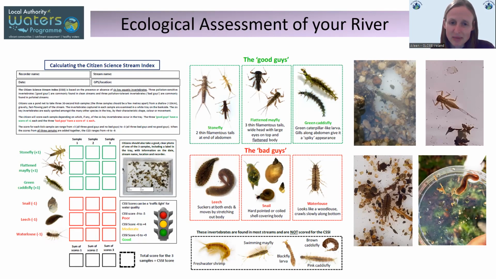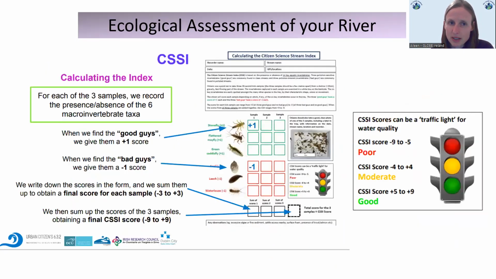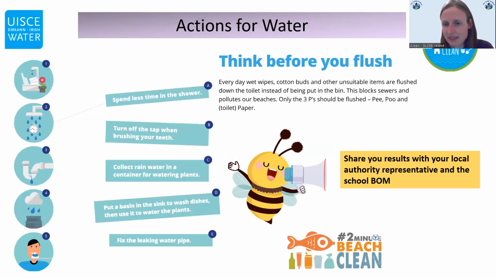Some creatures are very sensitive to pollution, and some are very resilient, so you can do ecological testing based on this. There's a scoring sheet provided by LawPro, who I mentioned already, and it's a really nice way to assess the health of your river. We do this as part of workshops occasionally, and there's a traffic light system: poor health, moderate health, or good health.